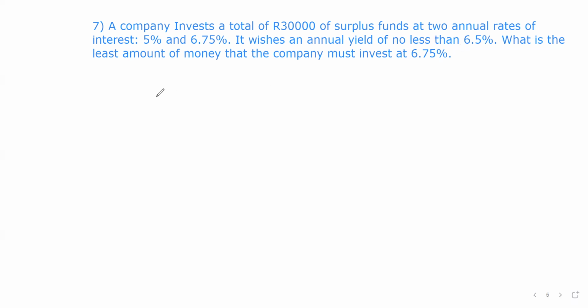So again, our question will be our variable. Let X be the least amount invested at 6.75%.